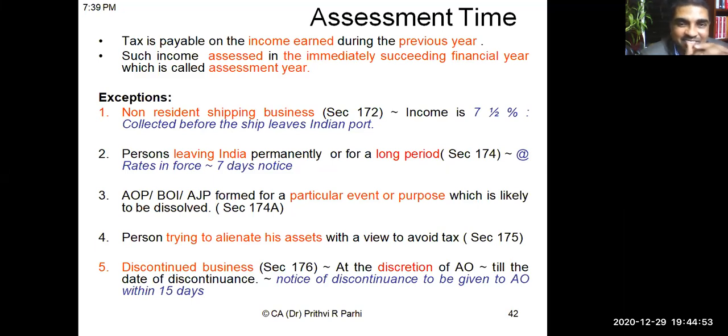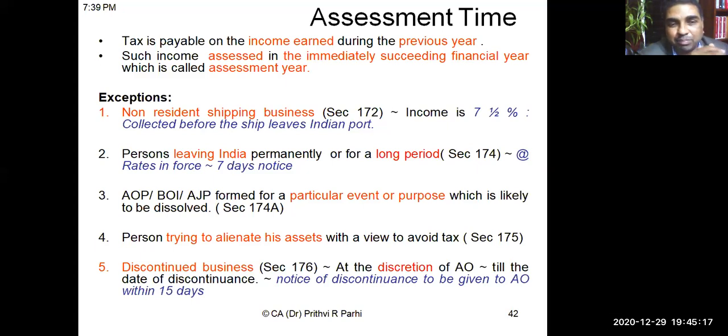So how will assessment be completed? Income is 7.5%. Whatever revenue the ship has generated, a flat 7.5% will be considered as its income, on which tax will be computed. That is one exception.